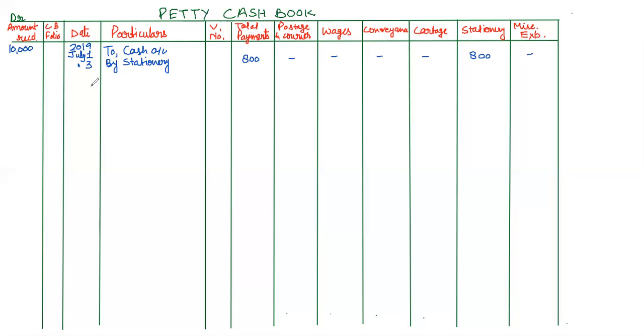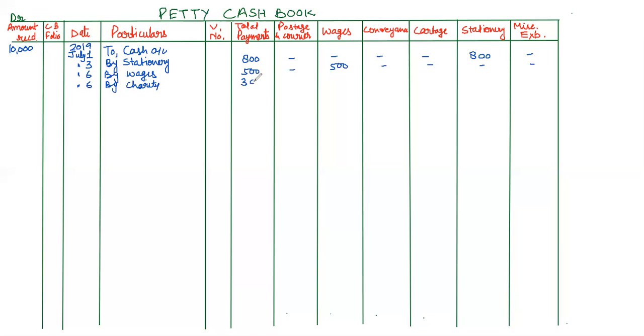And next is July 6, paid wages and charity. So by wages, rupees 500 will come in the total payment column as well as the concerned column, that is wages. And next one is charity on the same day, by charity, and this amount is 300 rupees.